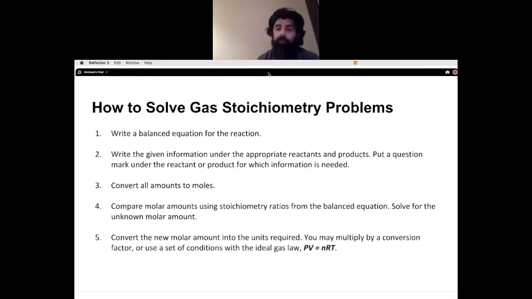So, how to solve a gas law stoichiometry problem? Well, as always with all stoichiometry problems, write a balanced chemical equation. You need to be able to put together a balanced chemical equation. Be aware of those double displacement reactions that create further decomposition reactions.